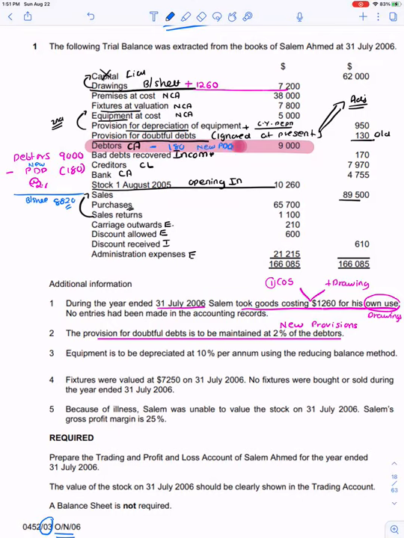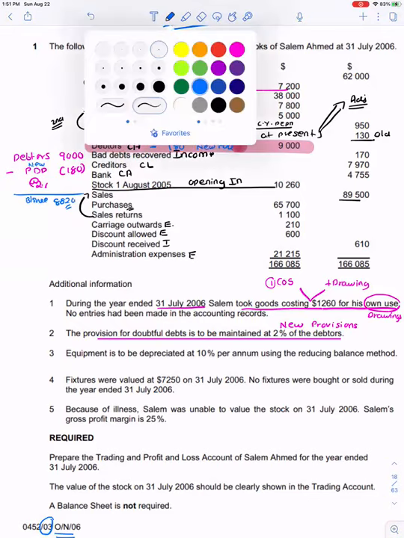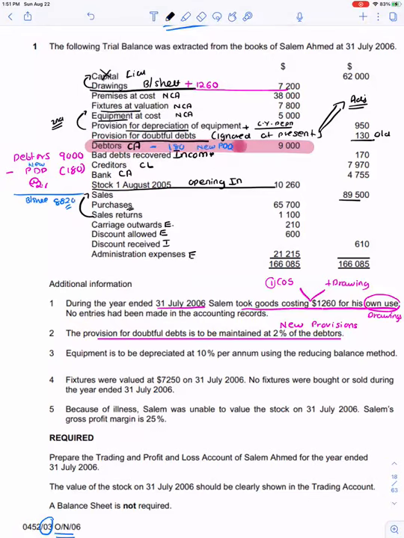The second step that I do is I compare. What do I compare? I compare my old provisions with the new provisions. What is my old provision? My old provision for doubtful debts is 130.